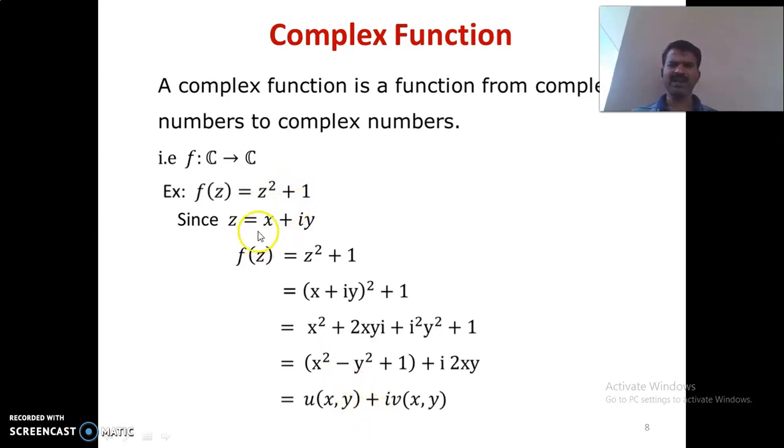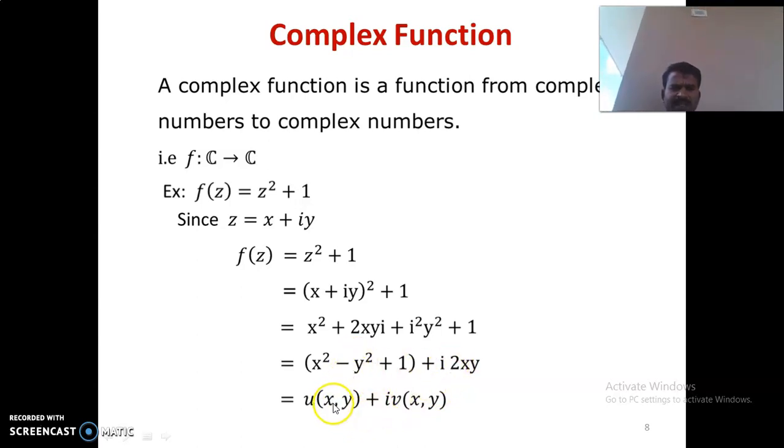If you substitute z equal to x plus iy in this function, you can simplify it, separating the real and imaginary parts of this expression.